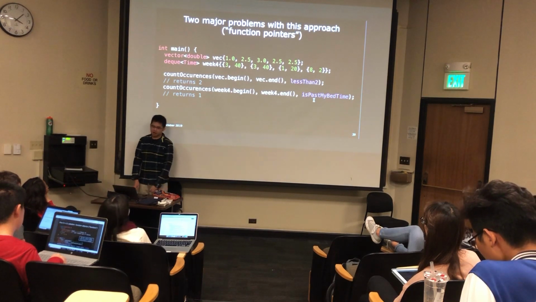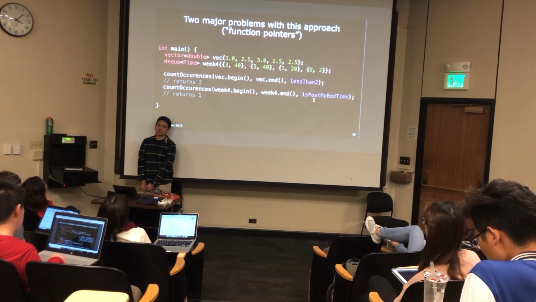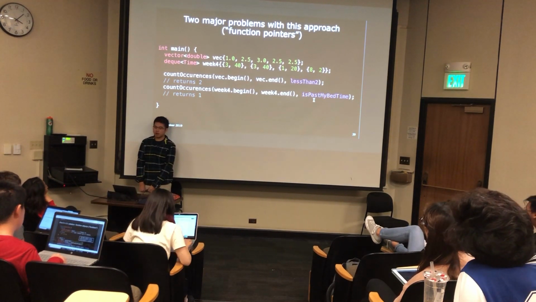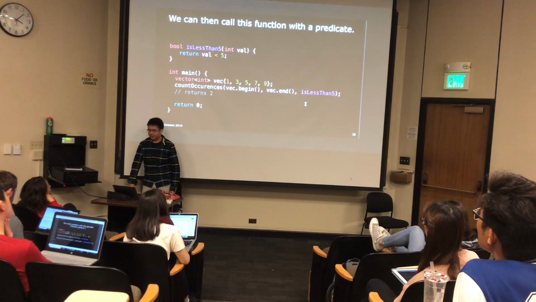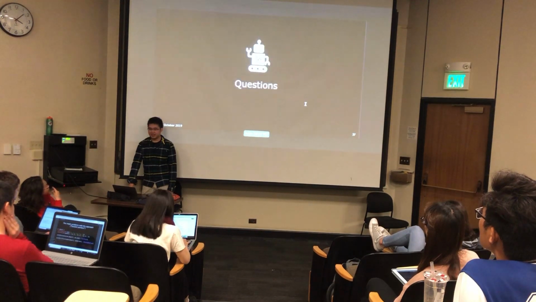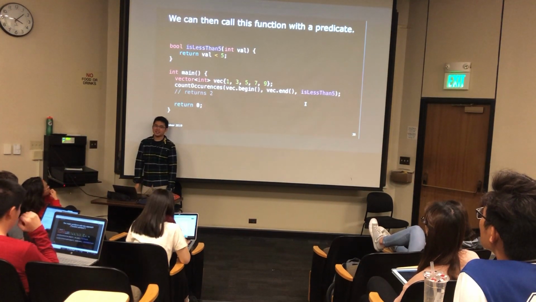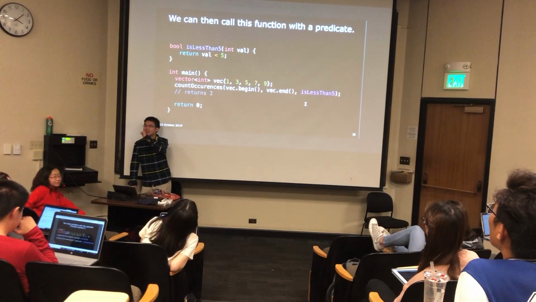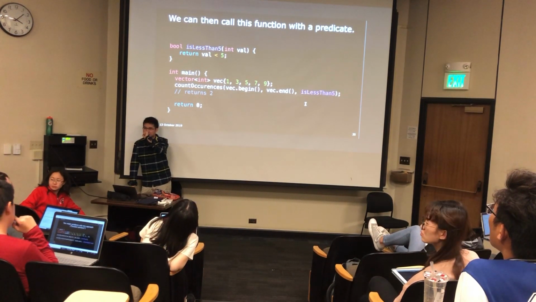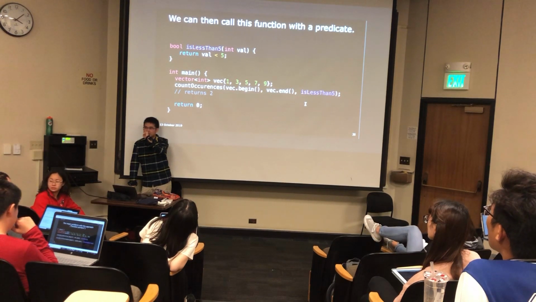Okay, there are 2 major problems with this approach. We call this the function pointer approach, where we're essentially passing in this other function. Does anyone see what a problem is? Any problems with code like this? Yes. It's not very explicit, so it's not clear to the person using it.